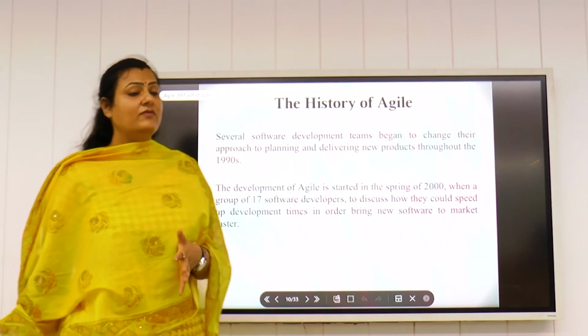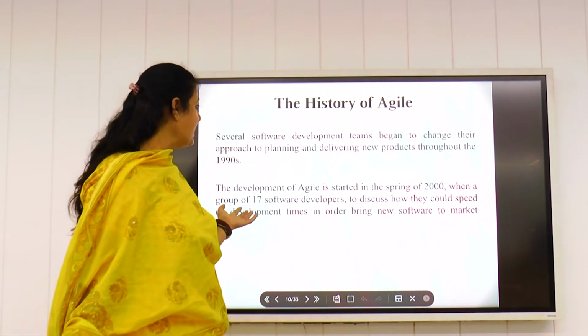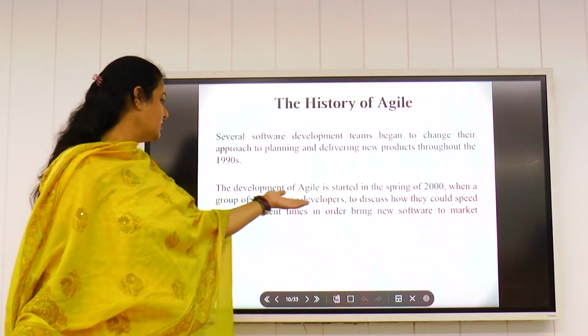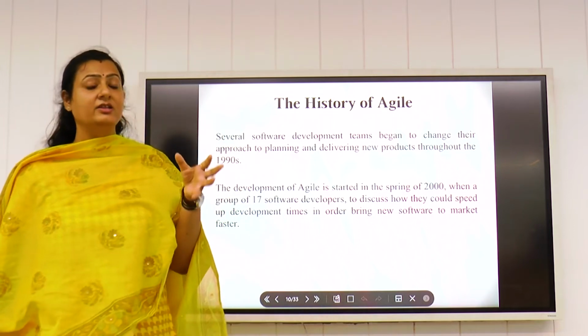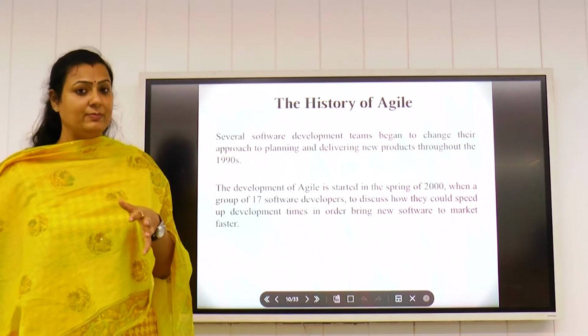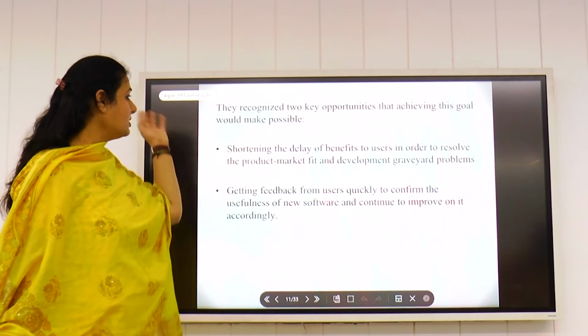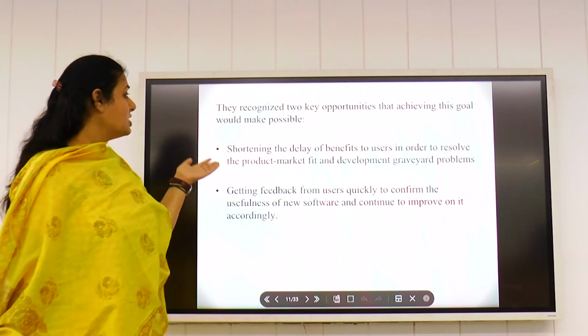The history of Agile: Agile was developed and planned by some software development team in the year 2000, when a group of 17 developers decided to change the traditional development approaches. They recognized some key points for why these changes were required.